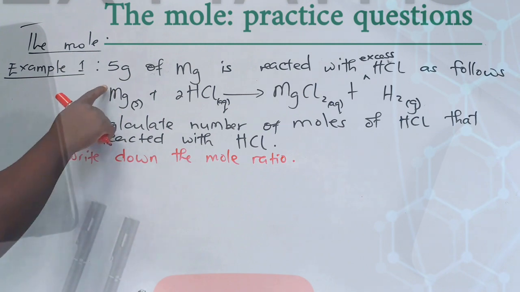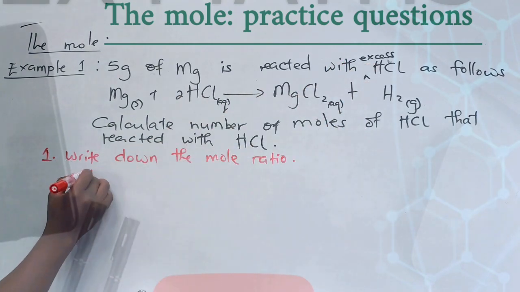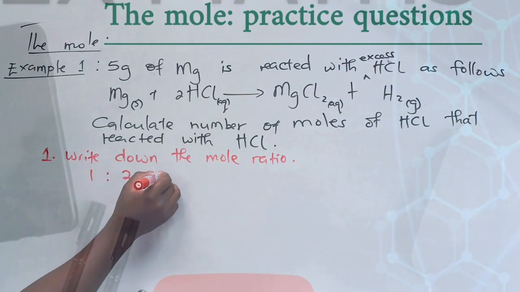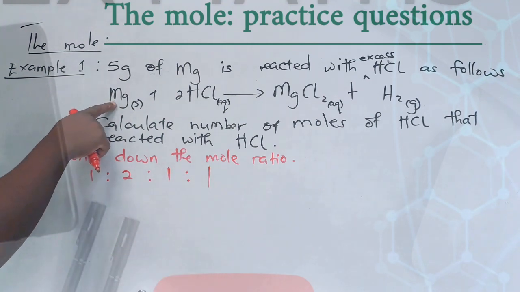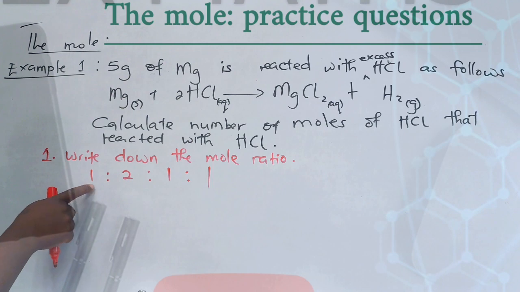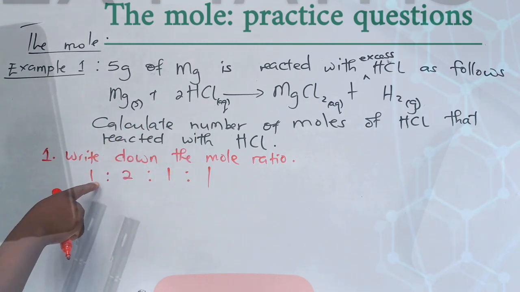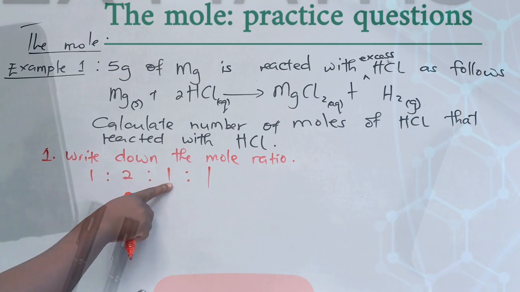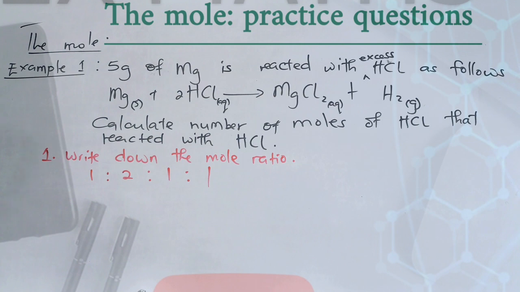Our mole ratio is 1:2:1:1. So it means magnesium is reacting in the ratio 1:2 with hydrochloric acid, and it is in the ratio 1:1 with magnesium chloride, and 1:1 with the hydrogen.